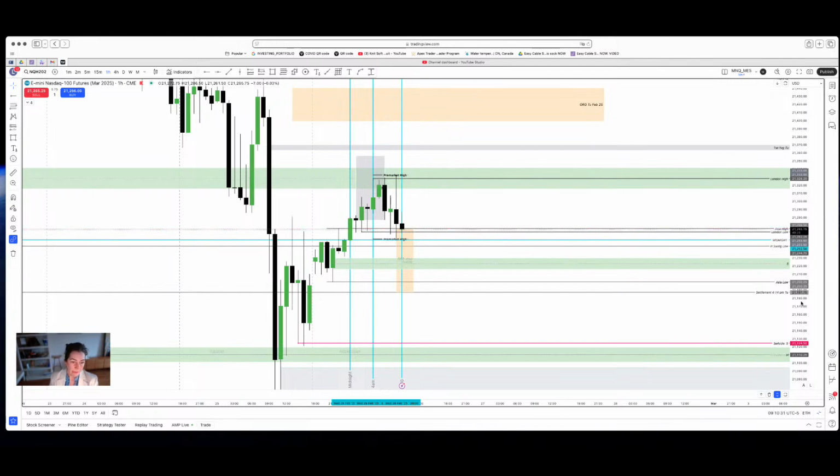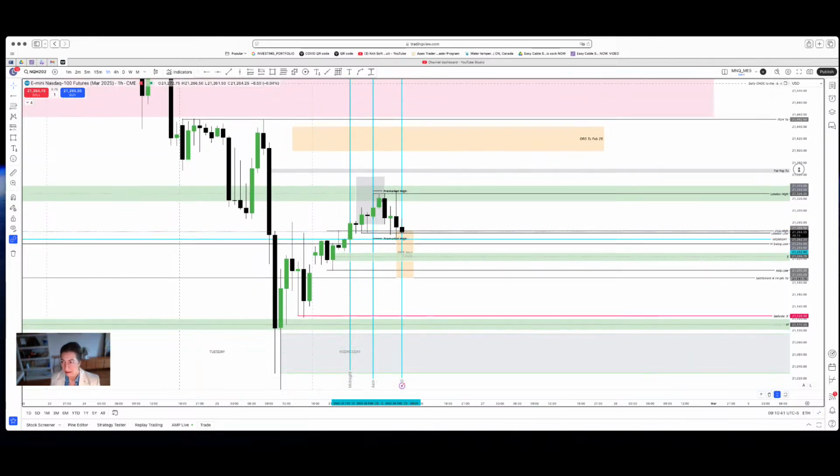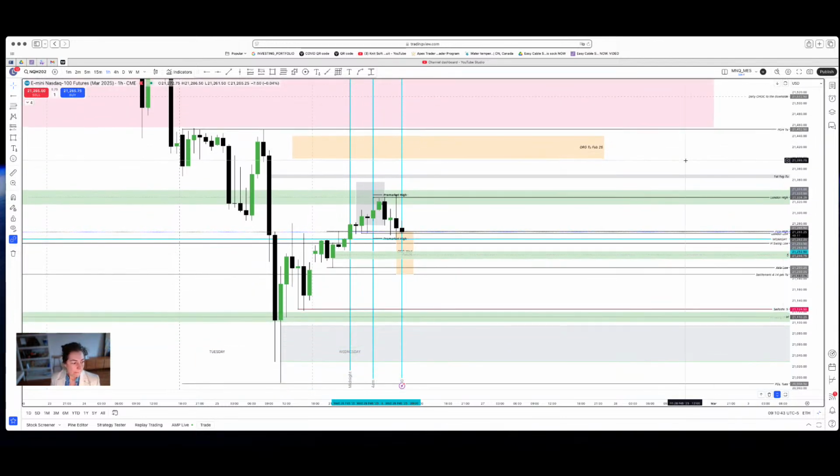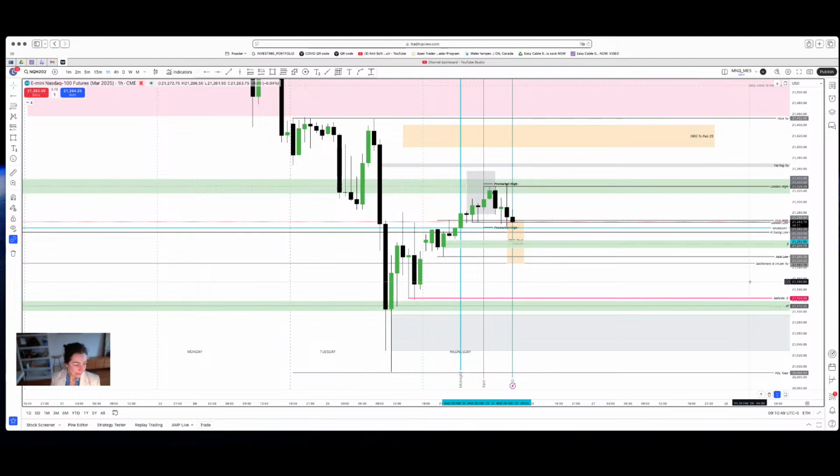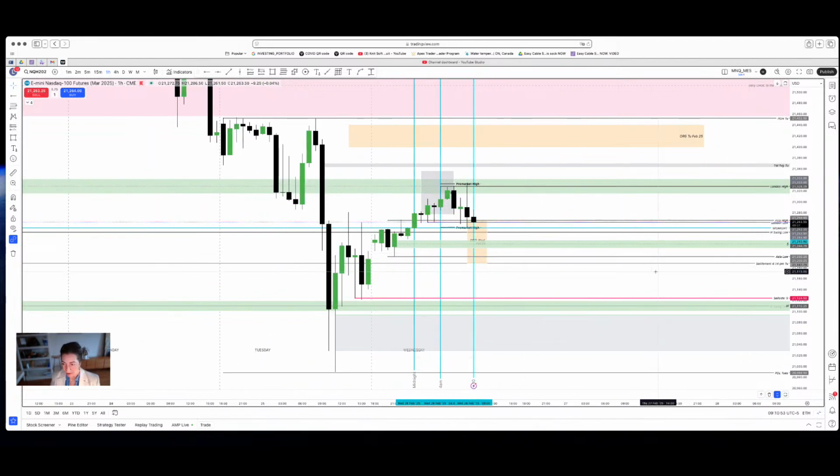So anything from 30, 40 points to 150. I think my longest trade was 180 points, something like that. That would be my favorite, is my intraday trading. But I'll take a good scalp. Nothing wrong with a good scalp, especially when you see a good setup off inverted fair value gap or off an order block.